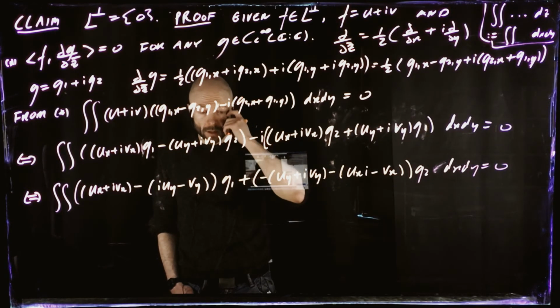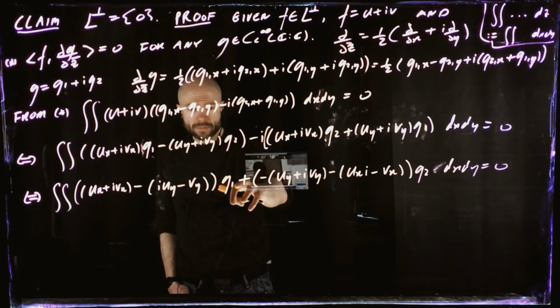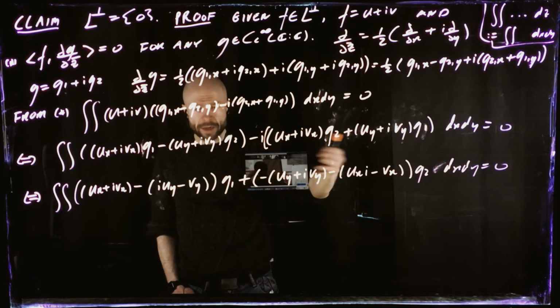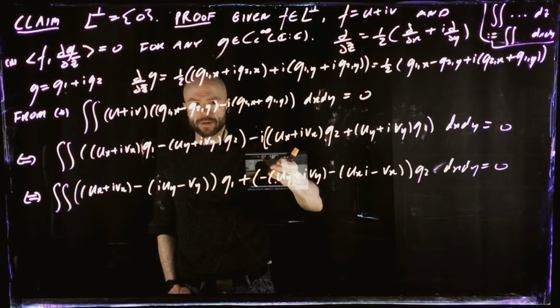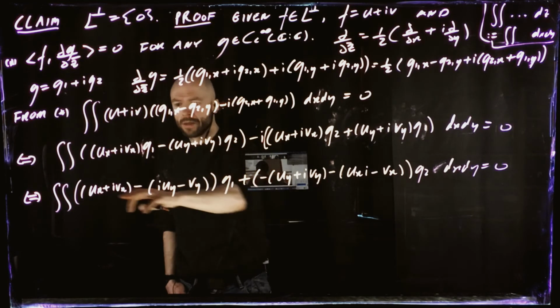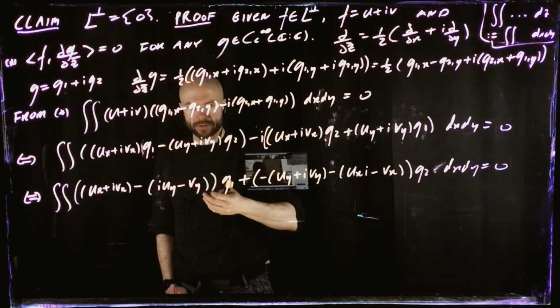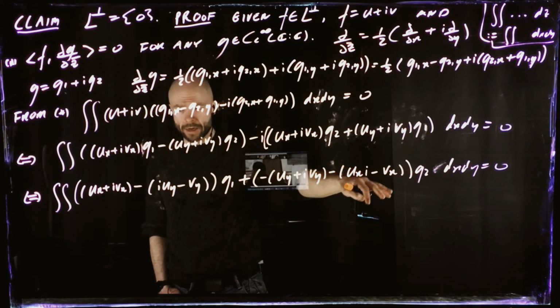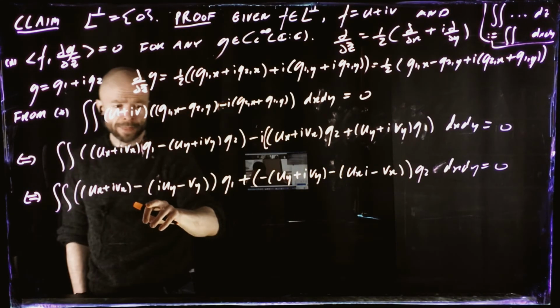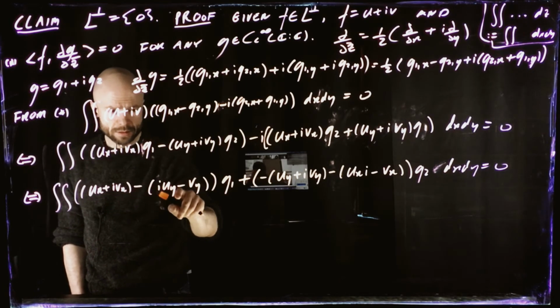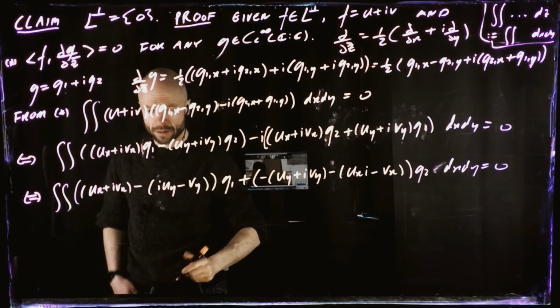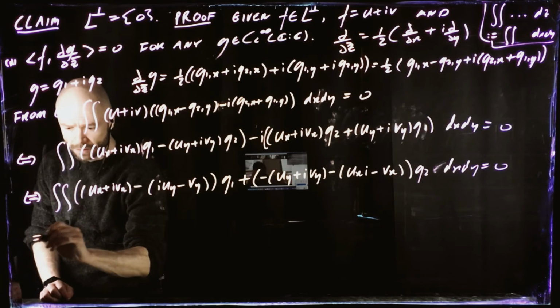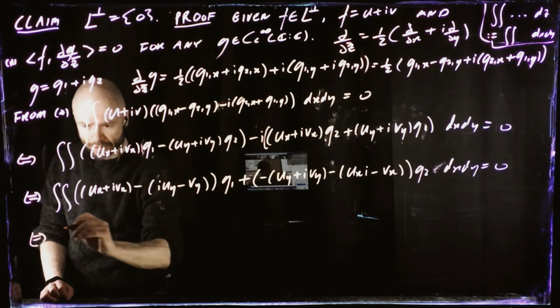Cool. All right, so g1 and g2 are independent. They are any functions that we like, right? Any smooth functions that we like. And u and v are also smooth functions. So if we just take g2 to be equal to 0 for a second and just read off what we have here, let's put together the real and imaginary parts.